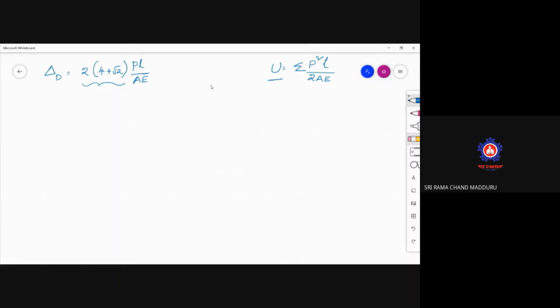Find the vertical deflection of A of the structure shown in the figure.